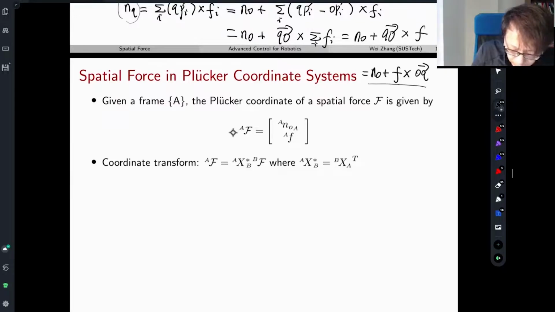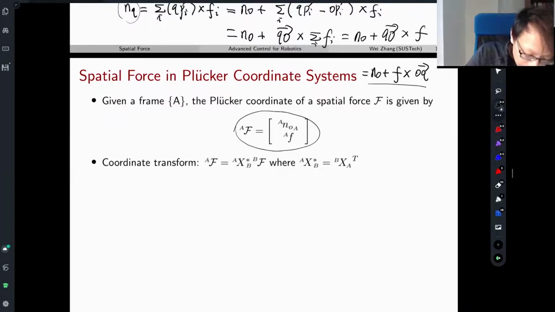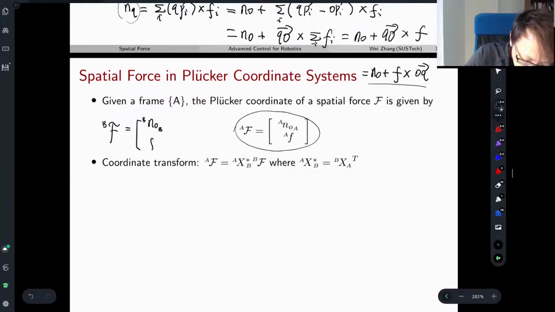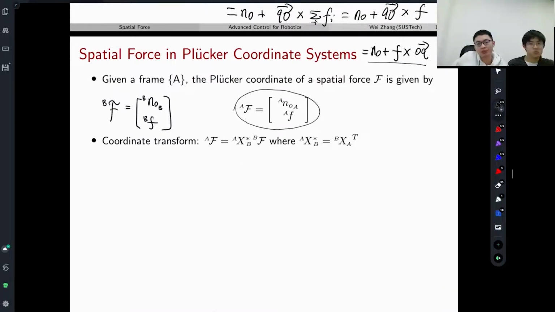Now suppose that will be my definition of my wrench in A. Now suppose I have another wrench in B. That will be N_OB in B and F in B. I want to know how F_A and F_B are related.